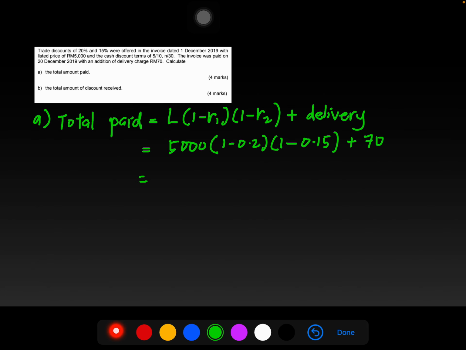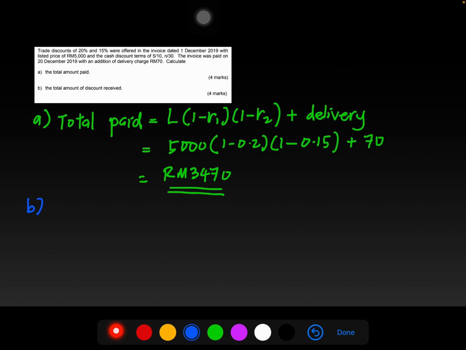So you're going to obtain the total amount paid as 3,470 ringgit. Okay, so that's enough for the first 4 marks of the question. Quite easy, right? So now B, we are asked to find the total discount. Okay, so the total discount, remember, is only on the price of the goods.